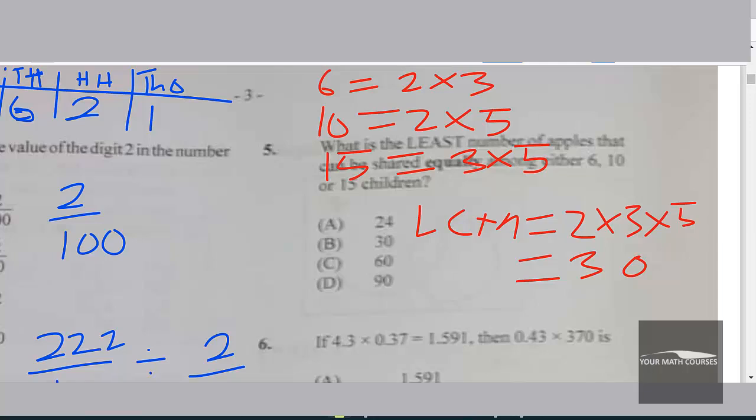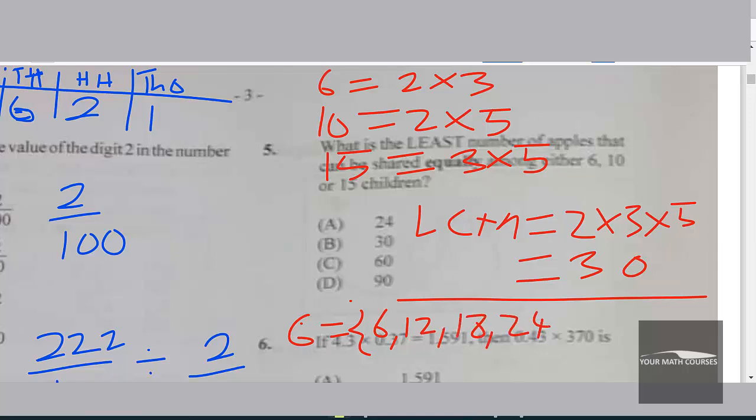In other words, you could also list the multiples of each. So we could go like this. The multiples of 6 are 6, 12, 18, 24, 30, 36, and so on.